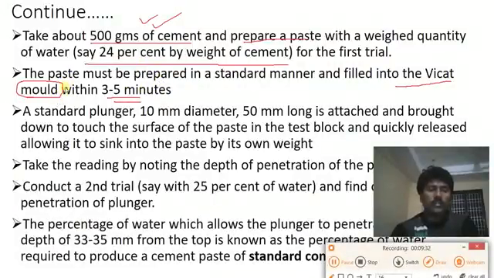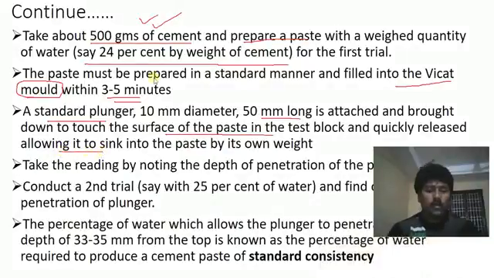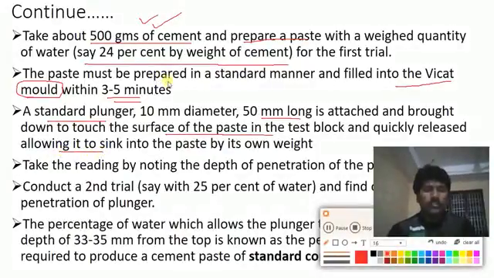Once it is placed, place the mold in the Vicat apparatus bottom side, and then the next thing is, the standard plunger that we said, which is 10 mm diameter and 50 mm length, is attached and brought down to touch the surface of the paste, right? And we just release the plunger once it is touched with the mold.